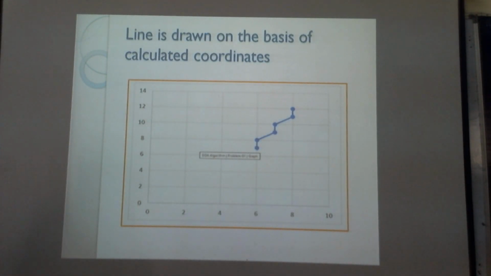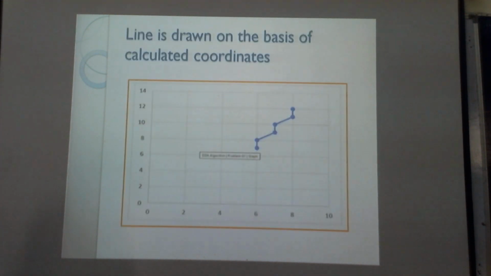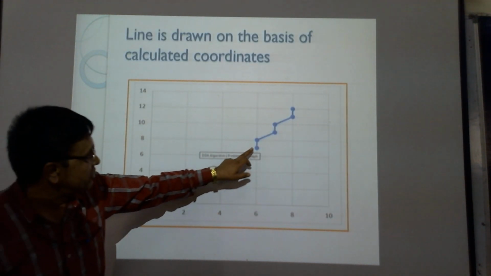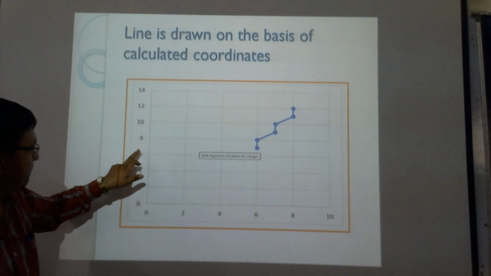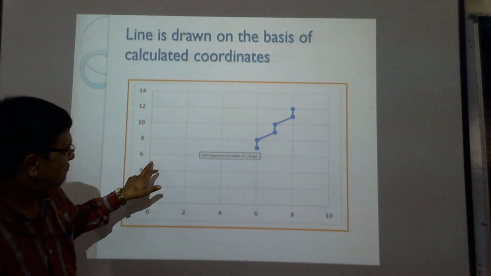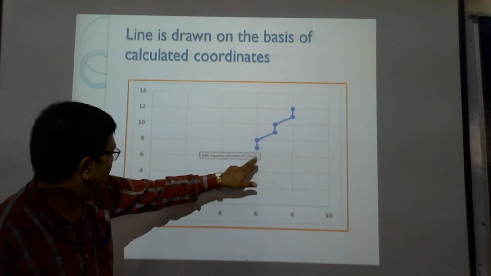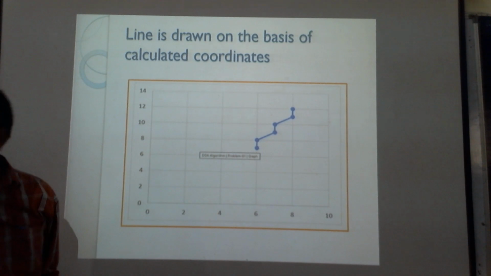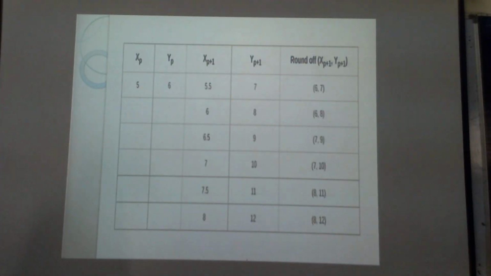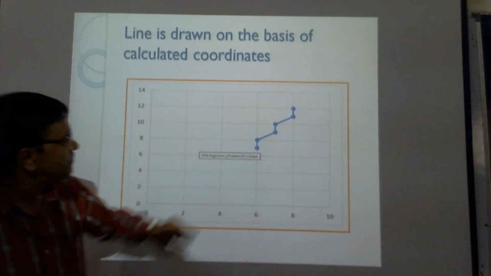Now, the given point 5, 5.5 is here, so we will draw it here. See, the first point is approximately here, and the second is 6, 7, shown here.